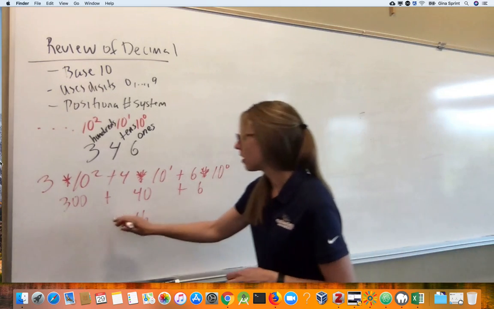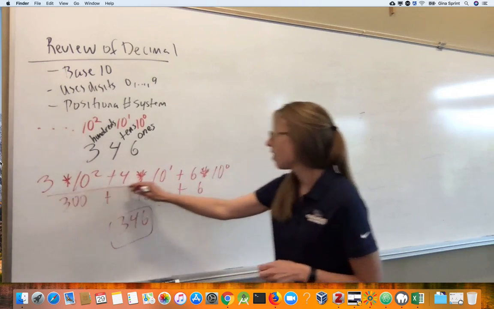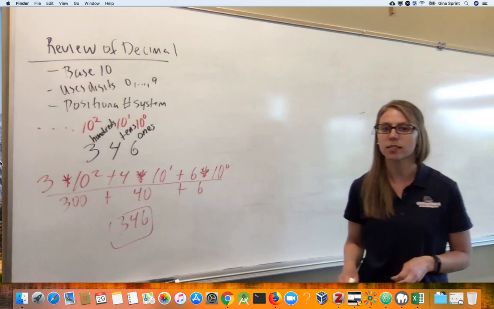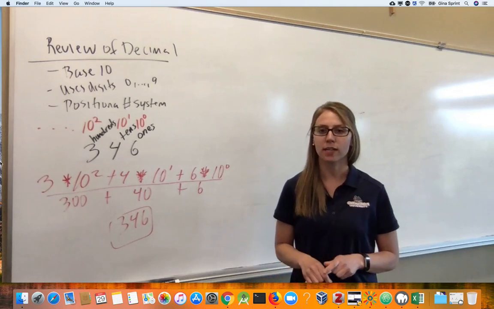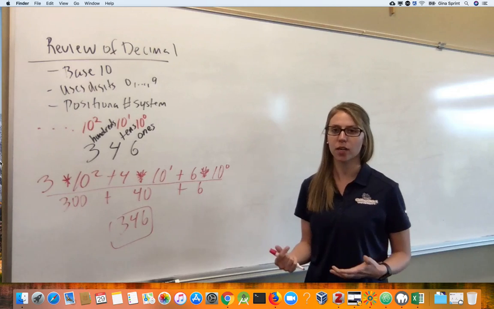Now, it's much shorter for us to write 346 than it is to write this summation of products. But the summation of products is going to help us convert a binary number into decimal.